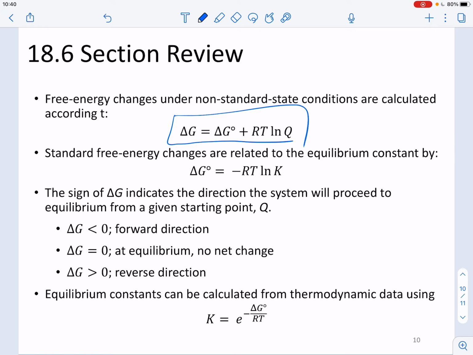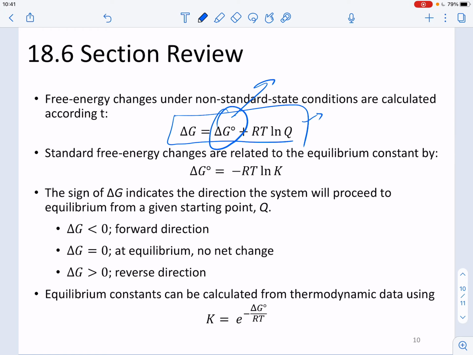So what we've done in past chapters was just calculate delta G using delta G's of formation, using Hess's law, using delta H and delta S. At that point, we were just calculating delta G standard. Now, for any other situation in which you don't have standard conditions, you can use this set of equations.